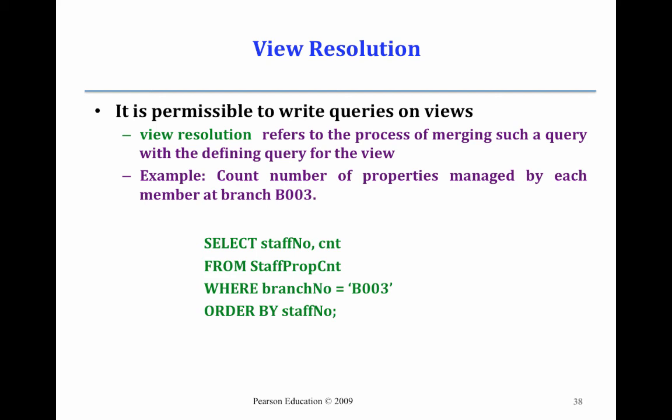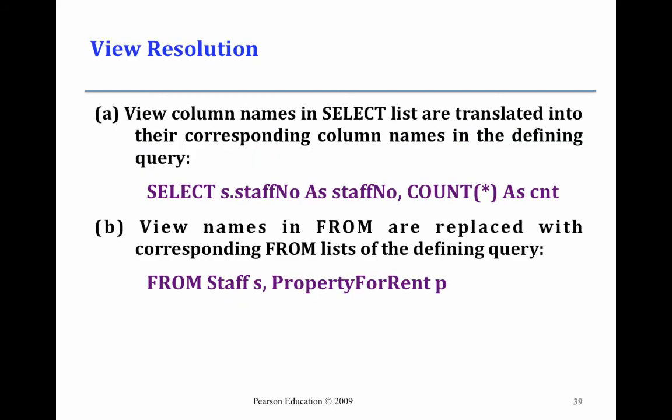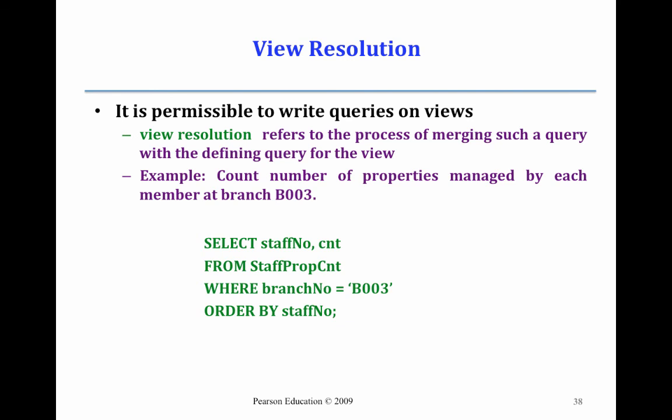So it goes through a number of steps to make that happen. The first step is that it needs to map the column names in the select list. These column names need to get mapped back to the columns in the defining query.